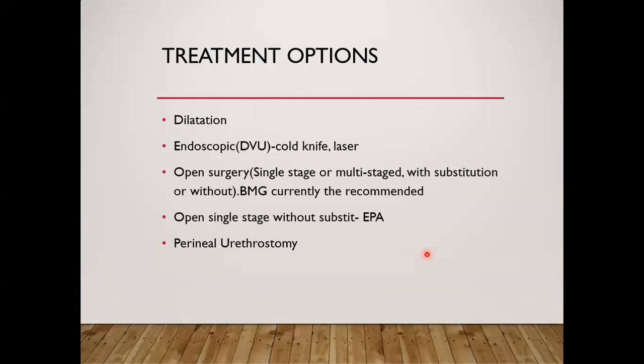You anastomose the urethra. So the EPA is good for short strictures, and these strictures should be in the bulbous urethra. And we said why it is possible for you to do EPA in the bulbous urethra is because the bulbous urethra can be mobilized. Therefore you can do your anastomosis without tension and without causing curvature in the penis.